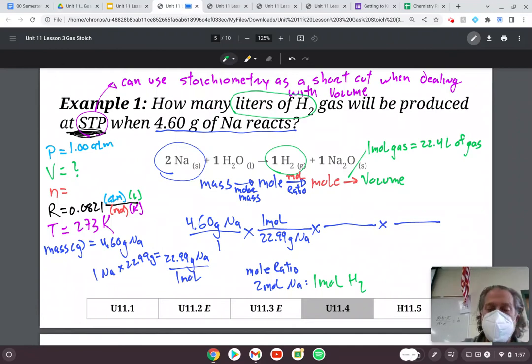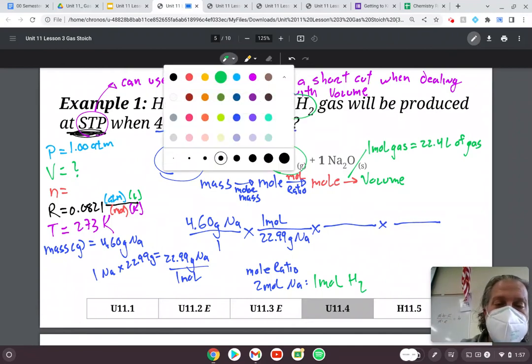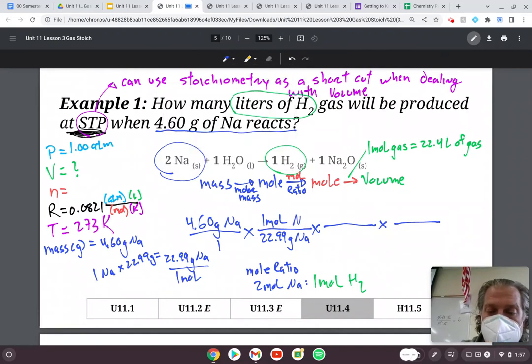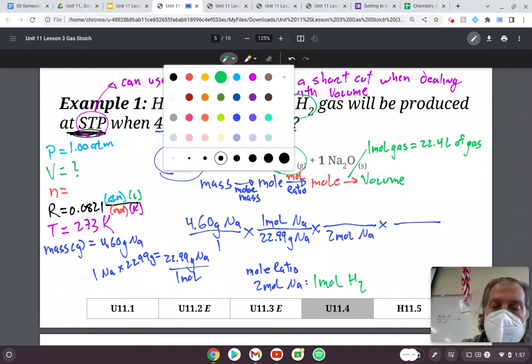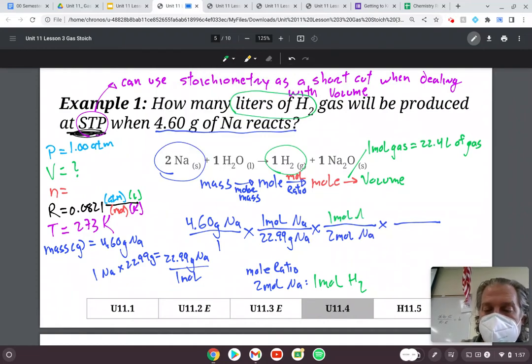So I'm going to set this problem up so that I can cancel out moles of sodium. So I'm going to put 2 moles of sodium on the bottom and 1 mole of H2 on the top.